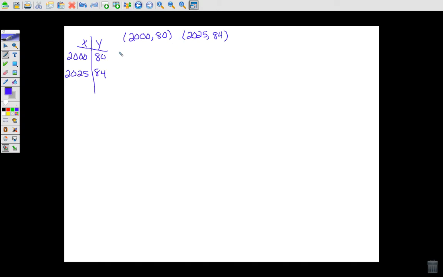Okay, so we can go ahead and label this x1, y1, x2, y2. So remember, slope is equal to change in y over change in x. So that's your y2 minus y1 over x2 minus x1.